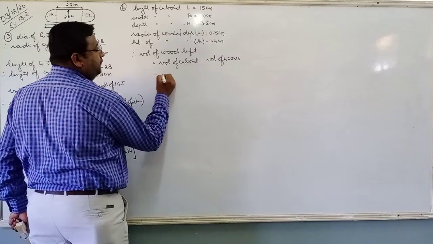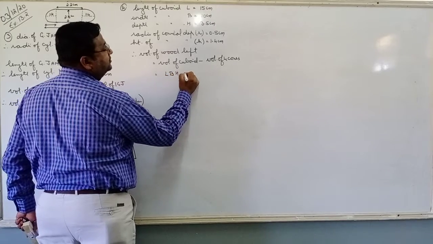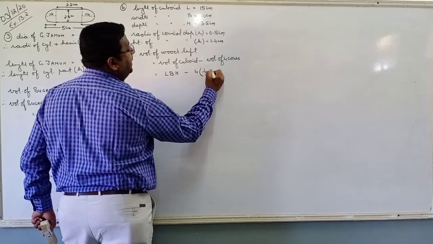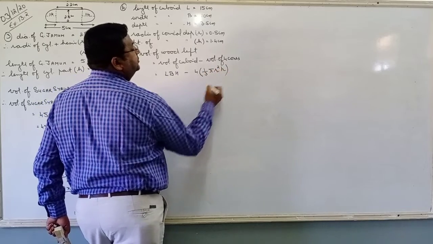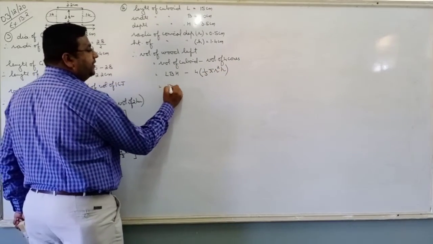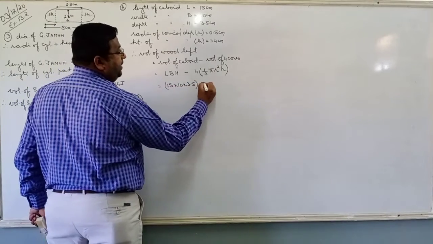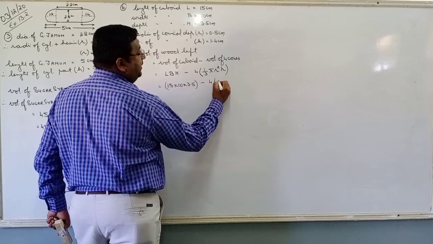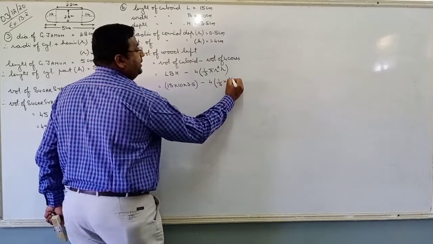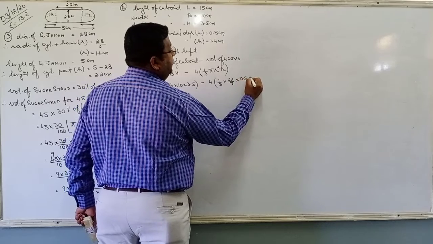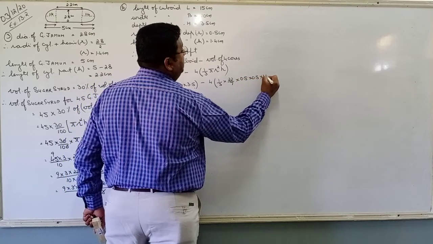The volume of cuboid formula L into B into H minus 4 into volume of cone 1 by 3 pi r square H. Substitute the values: 15 into 10 into 3.5 minus 4 into 1 by 3 into pi 22 by 7 into r square 0.5 into 0.5 into H 1.4.